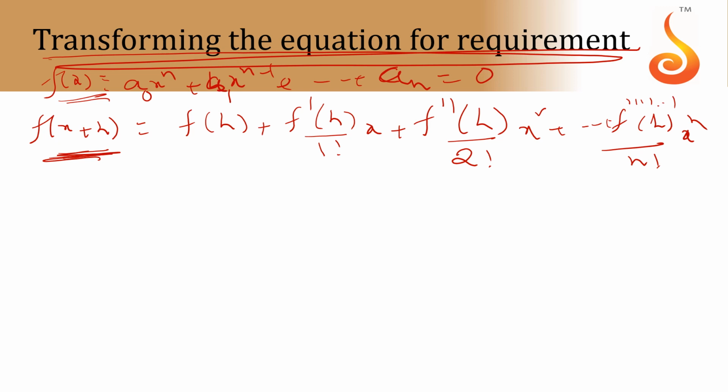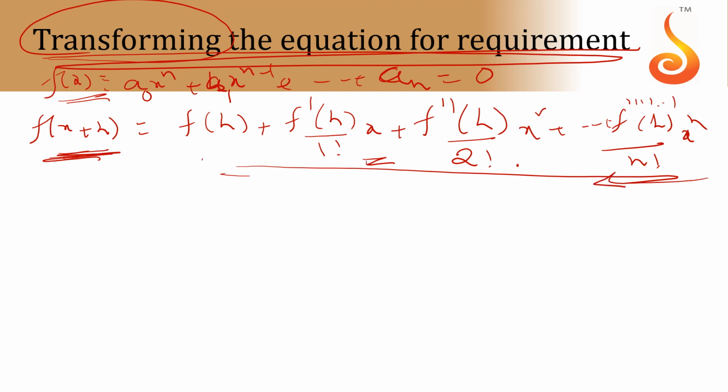Now that is a transformed equation, assume. In the transformed equation, suppose I don't want a required term. Means suppose, for example, I don't want the second term. What do you mean by I don't want the second term? The second term means, actually this is written in reverse order: constant, x coefficient, x square.